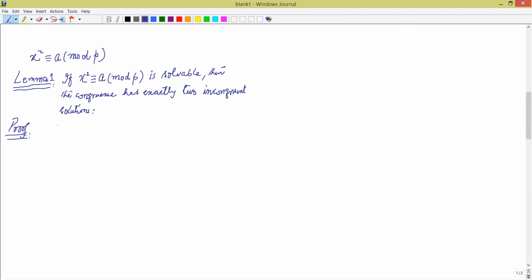So it is given that the congruence is solvable.